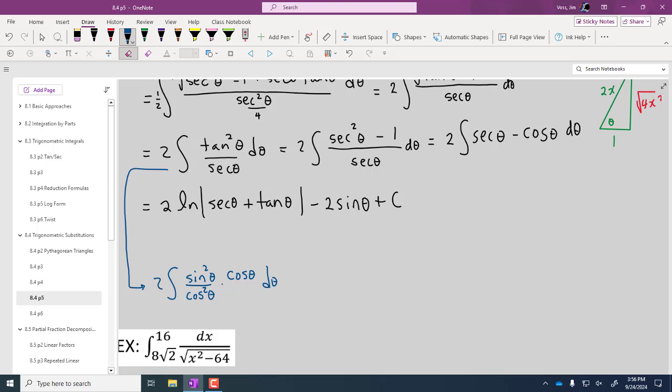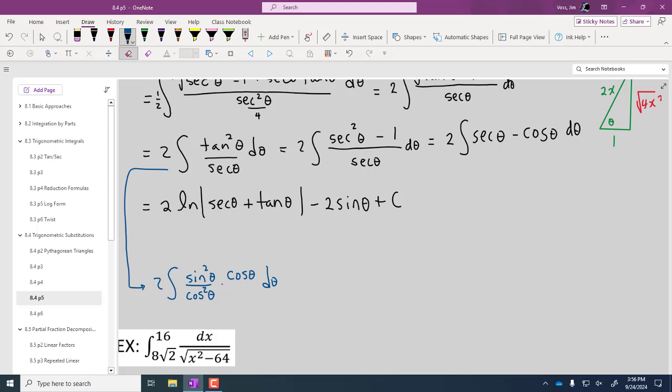So then one of the cosines is going to cancel, and then you've got a sine squared in the numerator with a cosine, so then you're going to have to use the Pythagorean identity, 1 minus cosine squared, then distribute the cosine, and you will get secant minus cosine. So actually, this way is going to be faster in this case.